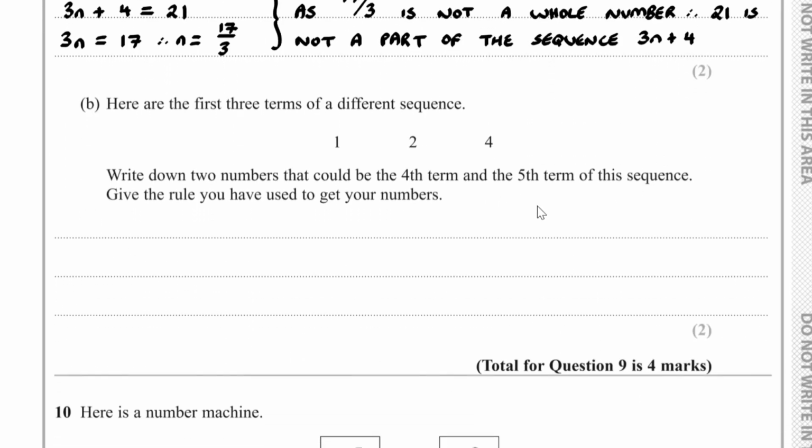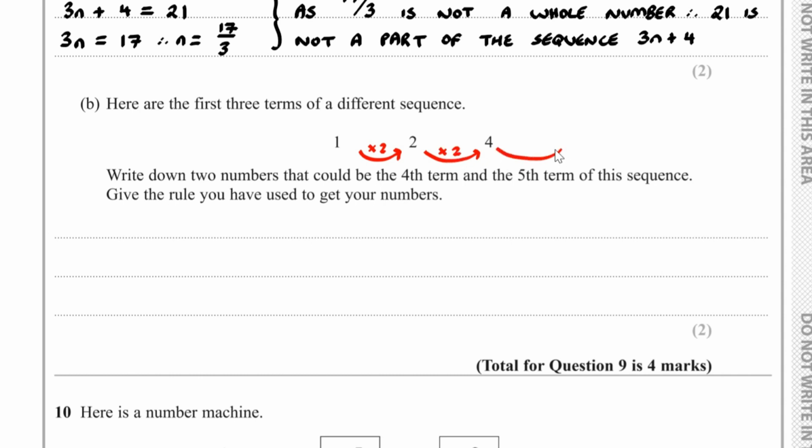And then for part B, here are the first 3 terms of a different sequence. We've got 1, 2, 4, etc. We have to write down 2 numbers that could be used to be the 4th term and the 5th term of the sequence. Well, do you notice each time to go from one term to the next, we multiply by 2.